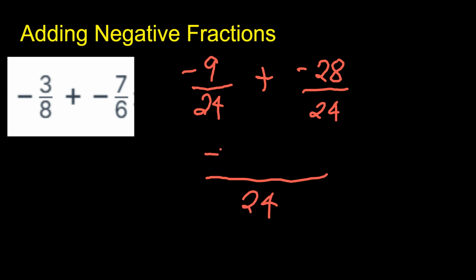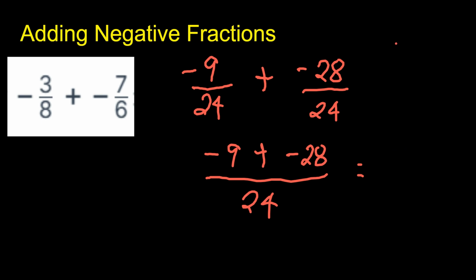So what is negative 9 plus negative 28? If you can still remember Mr. Dorito, Dorito math is actually applicable for multiplication. But in this case, when you're adding two negatives, the answer would also be a negative.